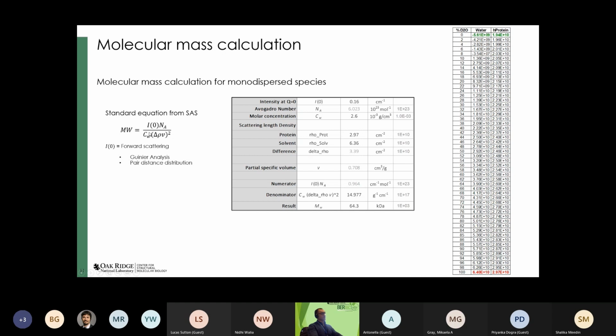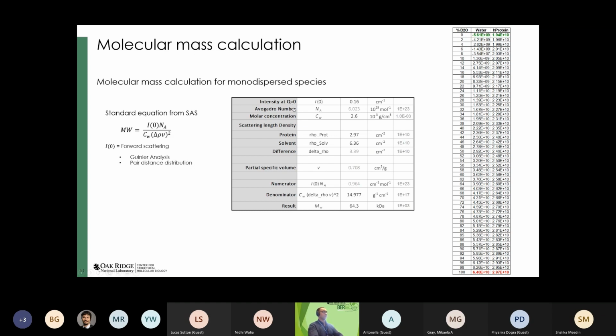So the I0, again, you're going to start from the Guinier analysis or the pair distance distribution. And concentration is something that you can measure during the experiment. So you need to know the concentration of the sample you are measuring.